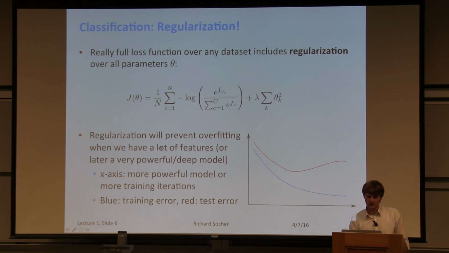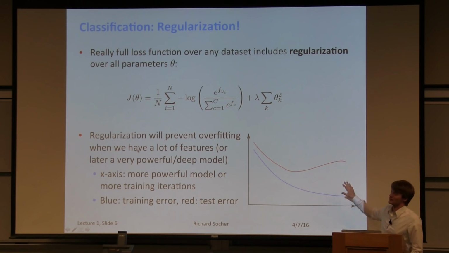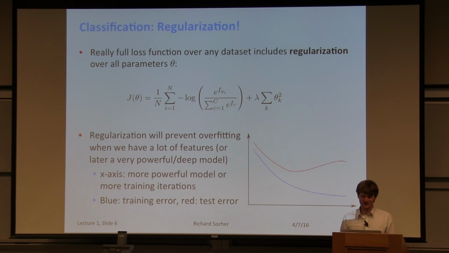In today's lecture, this regularization term will help us prevent overfitting, and this is one of the most important graphs that you may see in any machine learning class. In fact, when I took my very first machine learning class, the professor said this is the most important graph in machine learning. Basically, the x-axis, and it's by design that I didn't write a specific one, is essentially the model power, or the number of parameters, or the amount of training time that you have, and things like that.